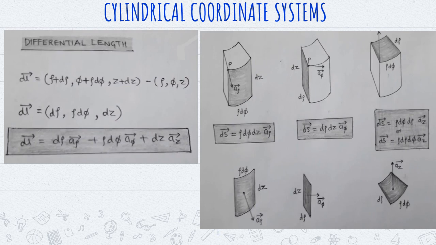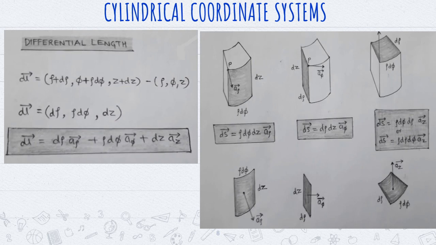First, we see the formula along the direction of a rho vector. If you see the first diagram, the bottom diagram, it is very clear that the a rho vector is perpendicular to the rho d phi side and the dz side.